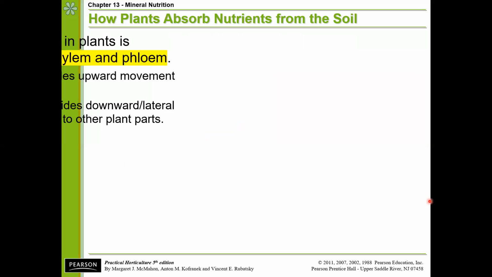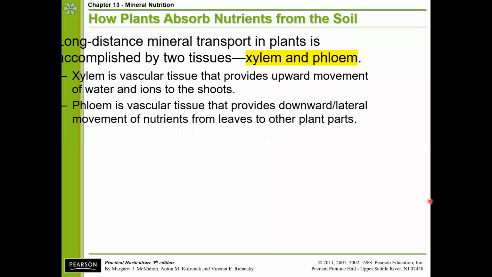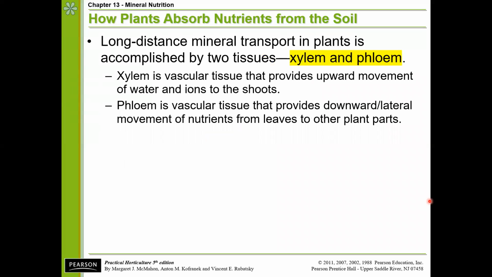As these minerals become nutrients inside the plant, we know that that is accomplished through the two different tissues that are mostly responsible for moving these nutrients up the gradient of the plant, and that is the xylem and the phloem.